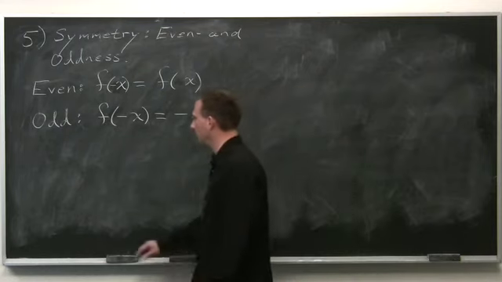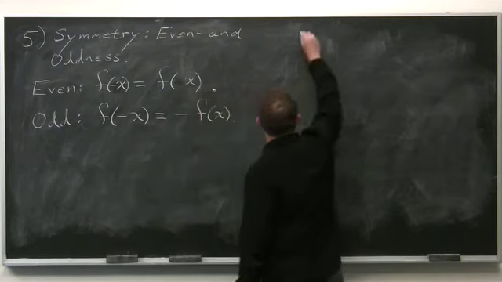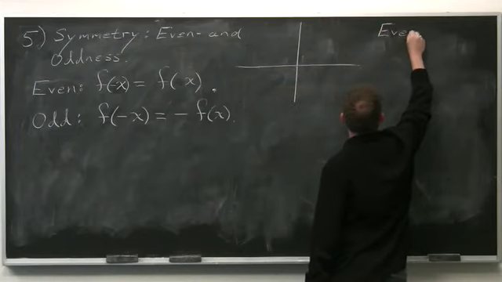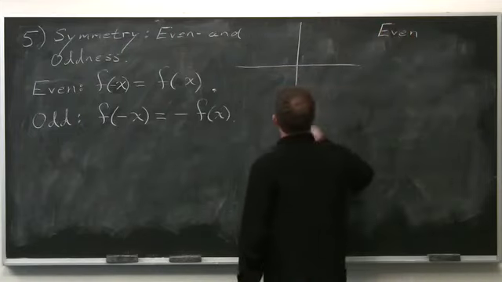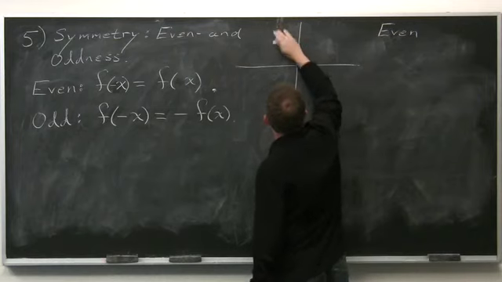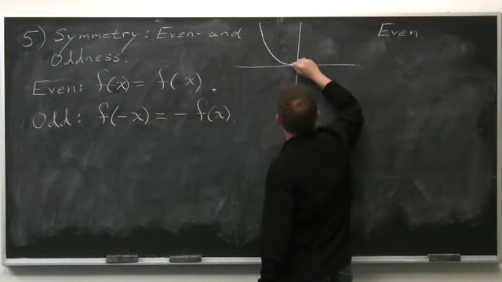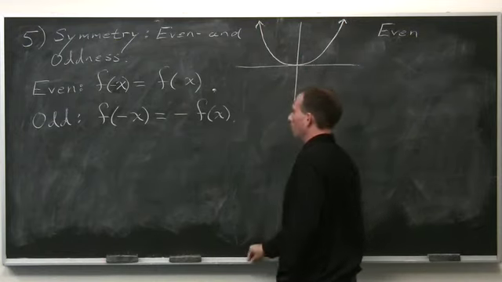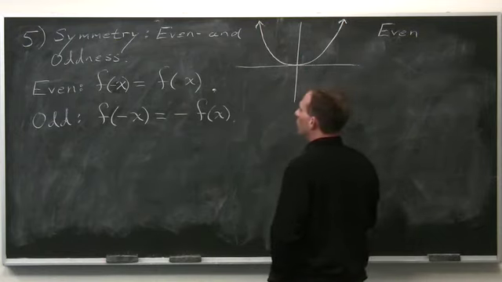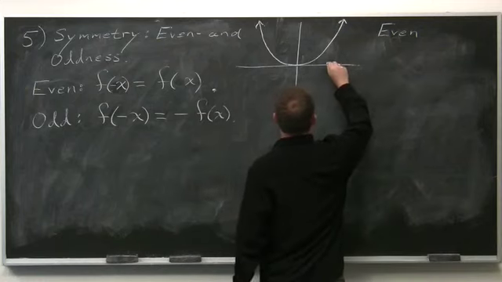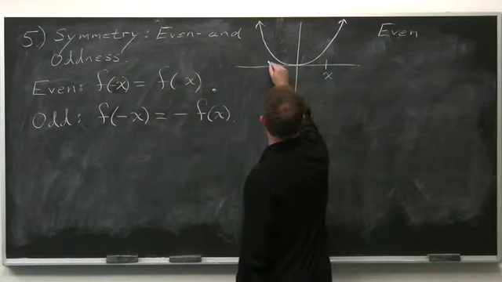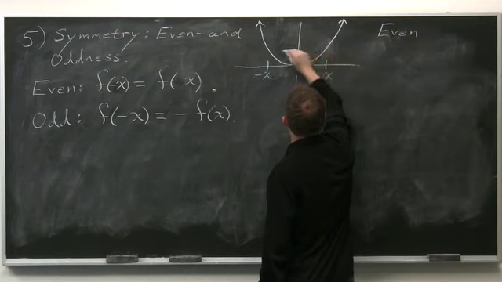What effect do these have graphically? Well, for an even function, something like, let me draw a parabola. It's the graph of an even function, which means the y-coordinate at a given x value, so here's some x value, and here's the corresponding negative x, you're supposed to have the same y value.